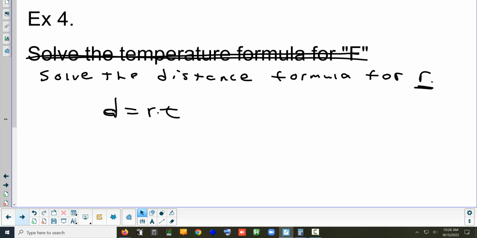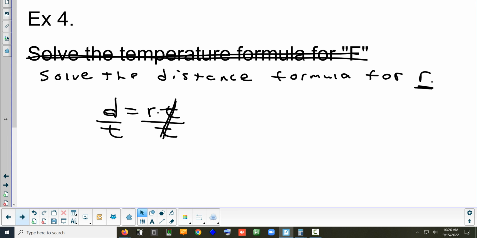The R is being multiplied by T. We don't want to multiply it by T. So how do I undo multiplying something by T? Yep. And what would you divide by? T. So now we have a T here. We have a T in the bottom. We can cross those out.